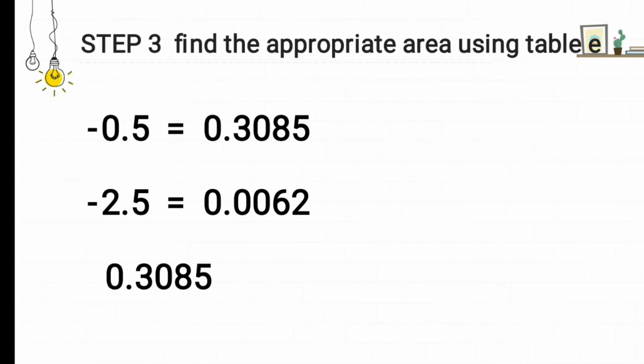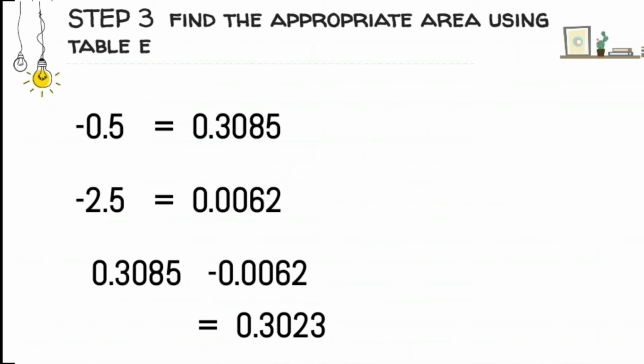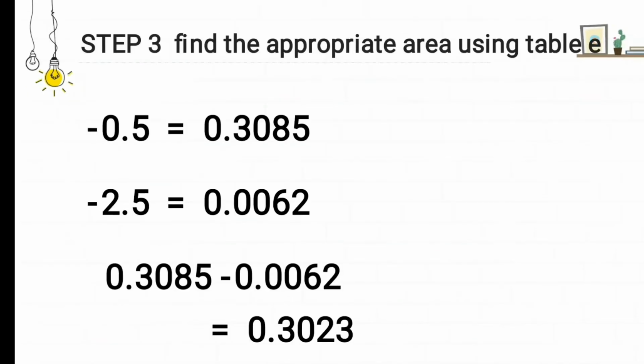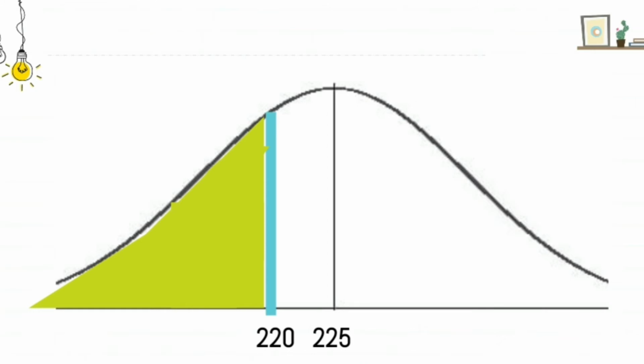Now we subtract the first from the second: 0.3085 minus 0.0062, and that's why our final answer for A is 0.3023.